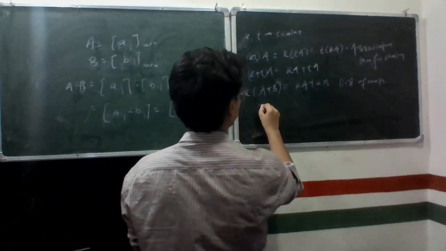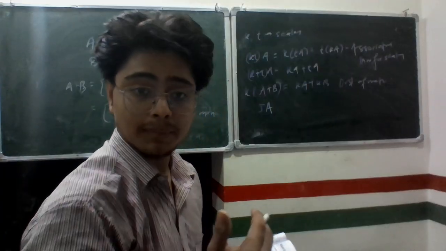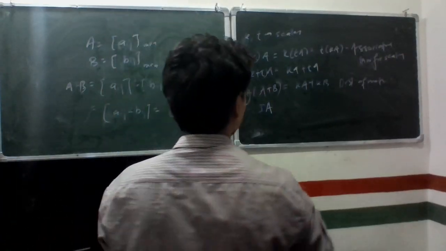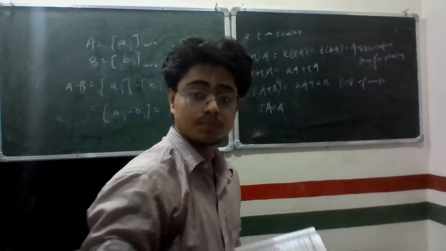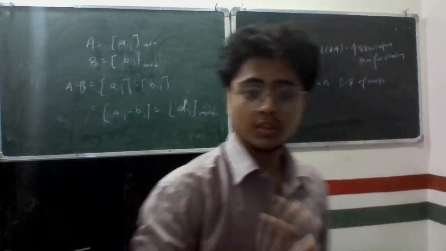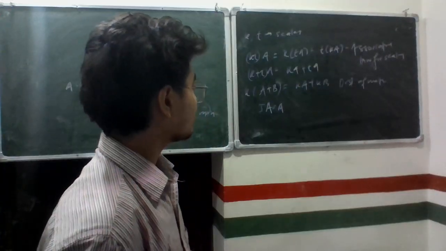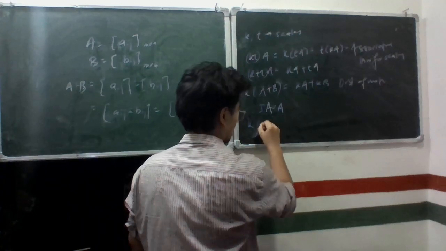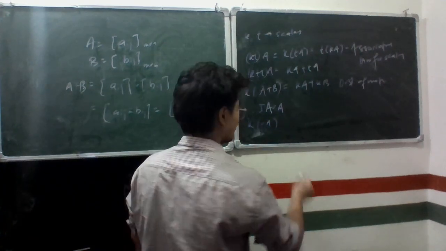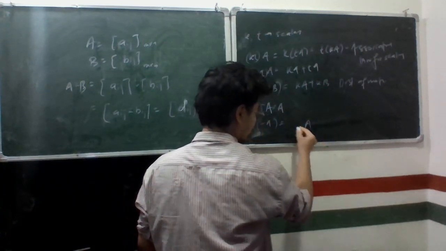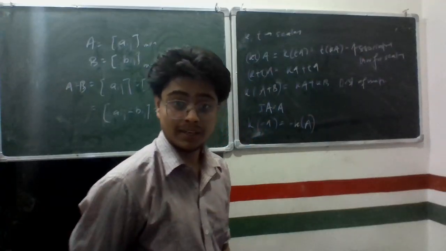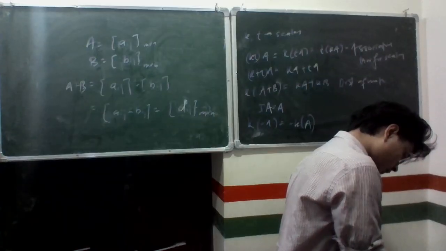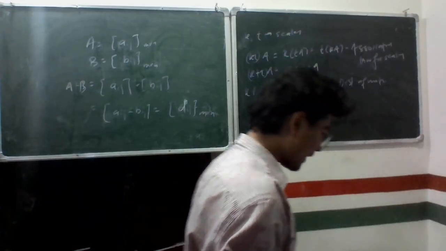If we have identity matrix I and we multiply it with A, then it is also equal to A. Sorry for the disturbance. And if we have a K and we multiply it with minus A, that means the same as if matrix A is multiplied by the scalar minus K. So this is also a law, and there is something called additive inverse.